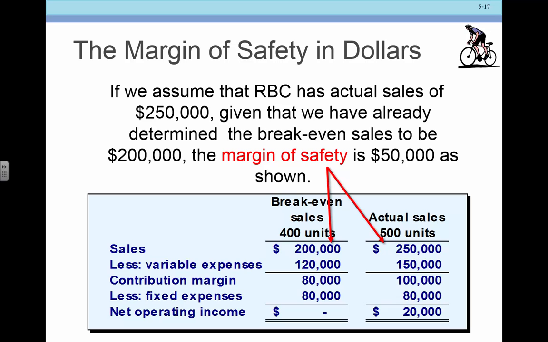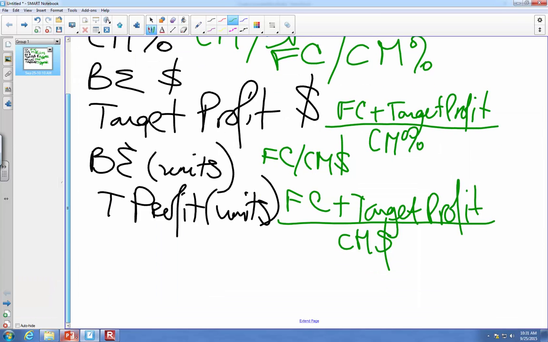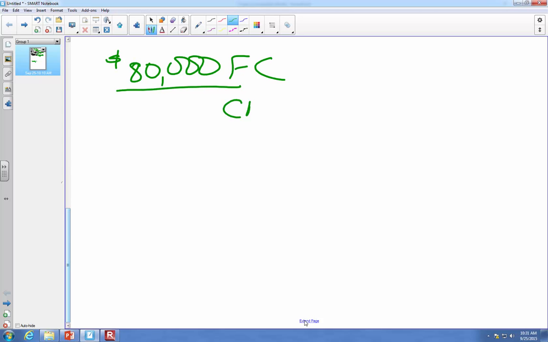I'm selling 500 bikes. Here's my 80 grand fixed cost. And how much was my contribution margin for one unit? $200. So I need to sell 400 bikes to break even, right?